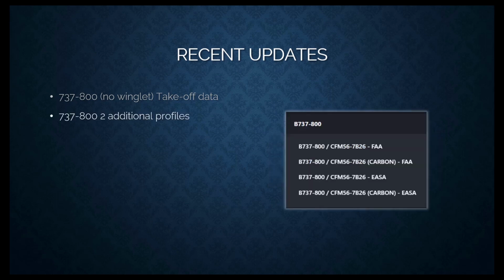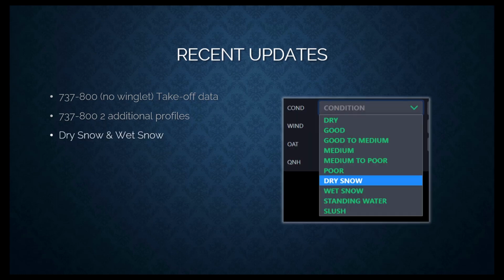We have also added 2 additional profiles to the 800s. So we have now the 4 available: the FAA, steel and carbon brake, and EASA with the steel and carbon brake as well. We have added the last 2 runway conditions that were missing, the dry snow and wet snow.